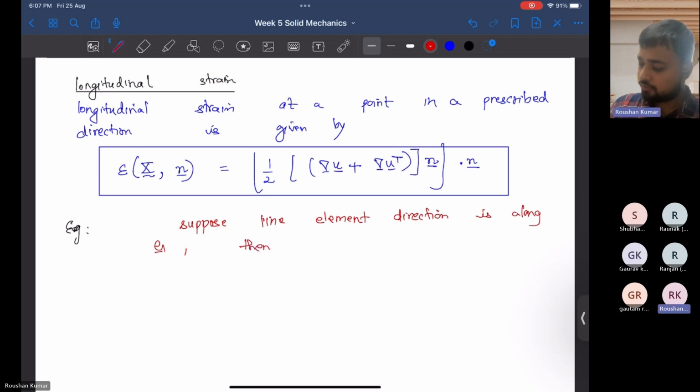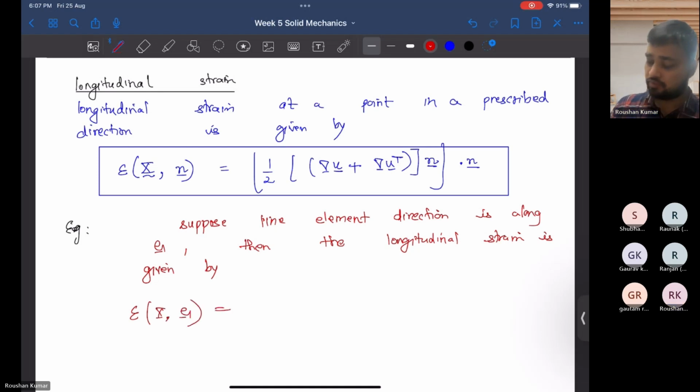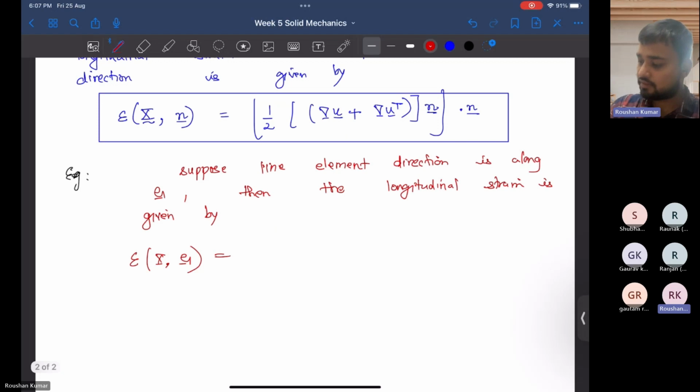Then the longitudinal strain is given by epsilon at position x along the E1 direction. I write the components of this tensor, half of grad u plus grad u transpose.